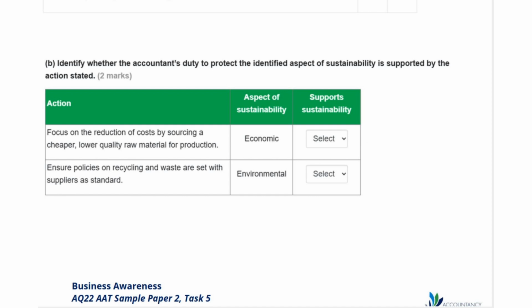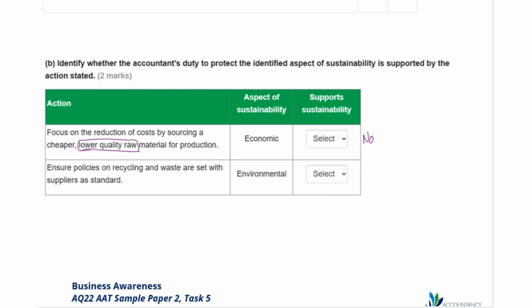In this case, no, it won't. It could be because with lower quality raw materials, it may mean there's more wastage, lower quality goods, and therefore fewer purchases if people then don't like the new goods.